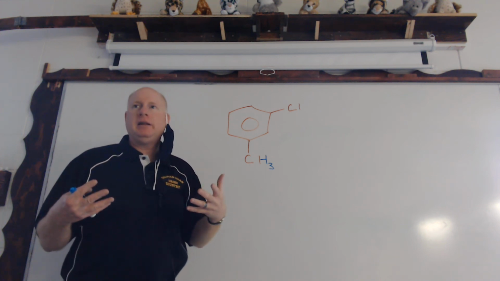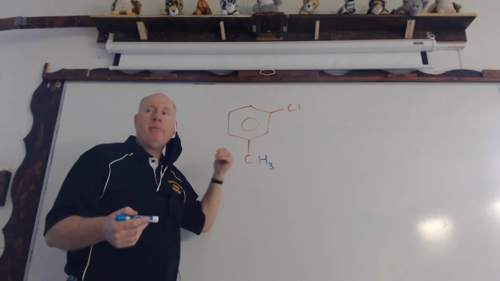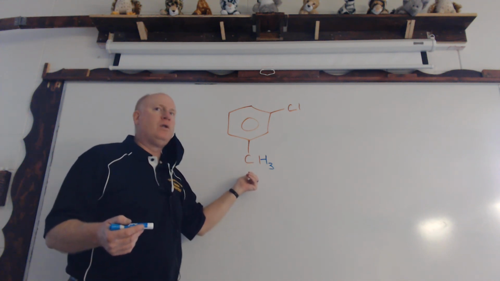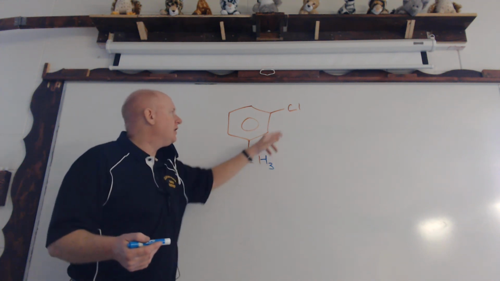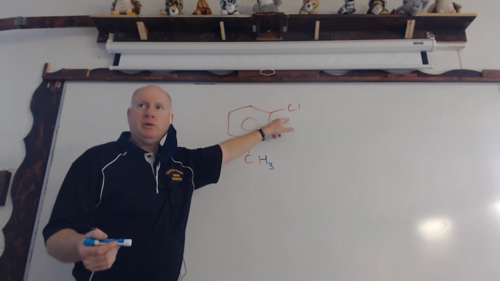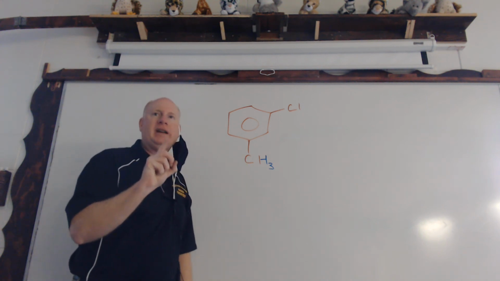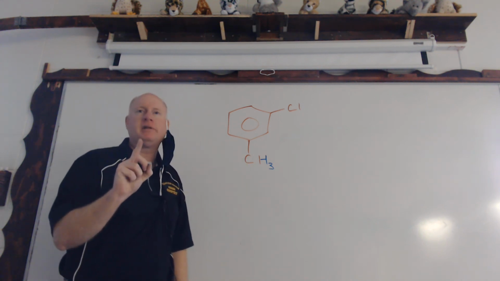But if you just stick with saying, I'm going to call this toluene because we've got a methyl group on here, then the only other thing I got to do is just name where that chlorine group is. But when you do that, you are saying that this methyl group is on the first carbon, and that's what makes it so much simpler.